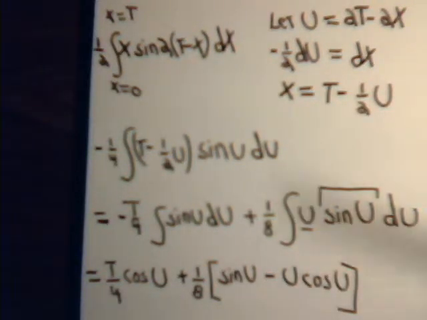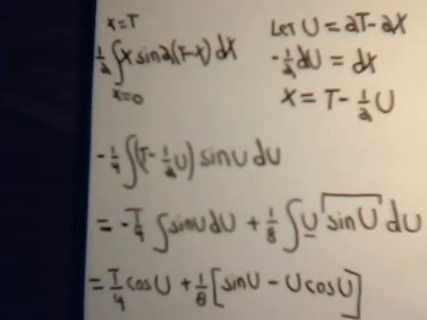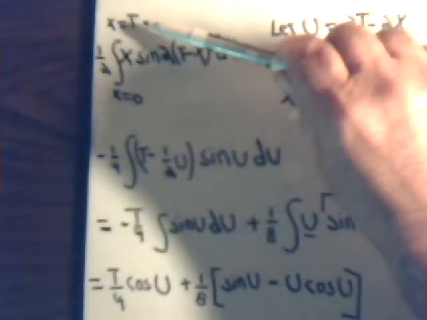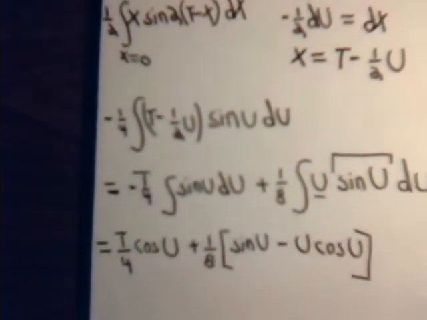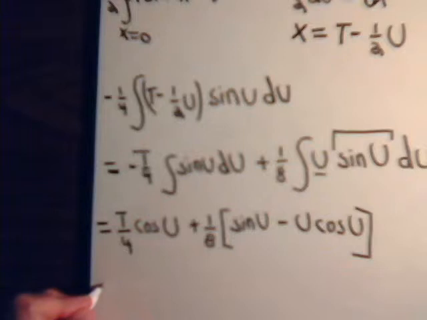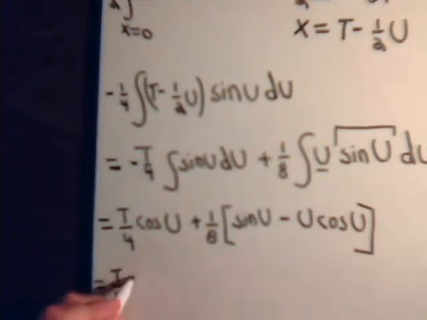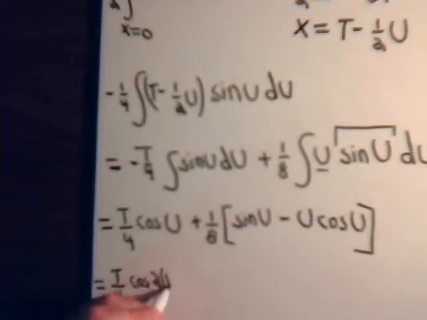And now we had to remember that u is equal to this expression involving x, and x has these limits, goes from 0 to t. So let's put all that in. This equals t over 4 times the cosine of 2t minus x.